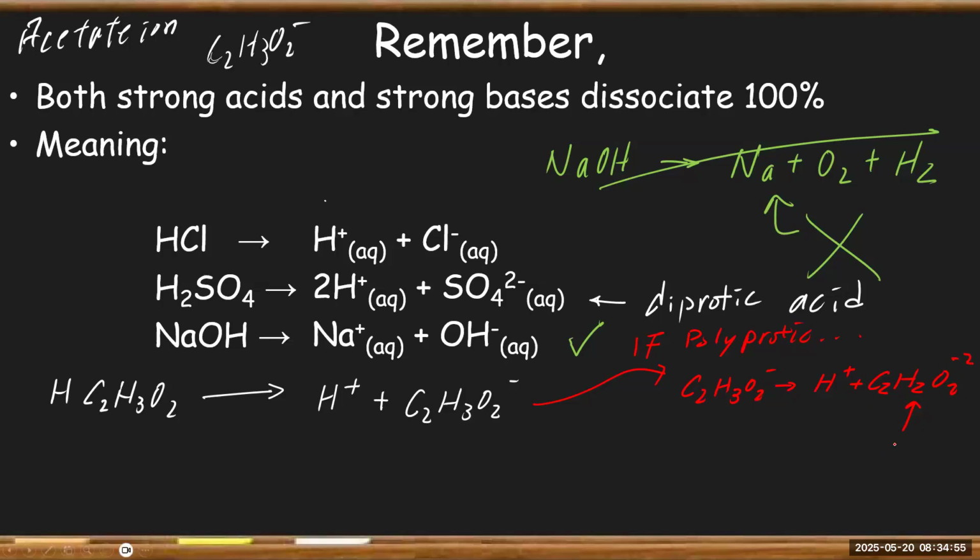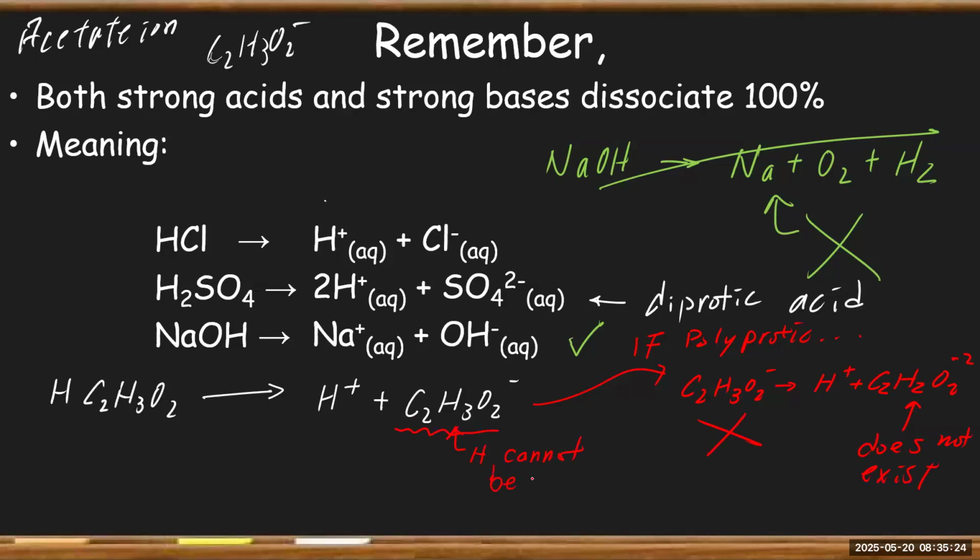But if you memorize the chart, you would immediately know that it does not exist. So this whole thing cannot happen, which means most likely HC2H3O2 is not polyprotic, but monoprotic. Why? Because this H cannot be removed.